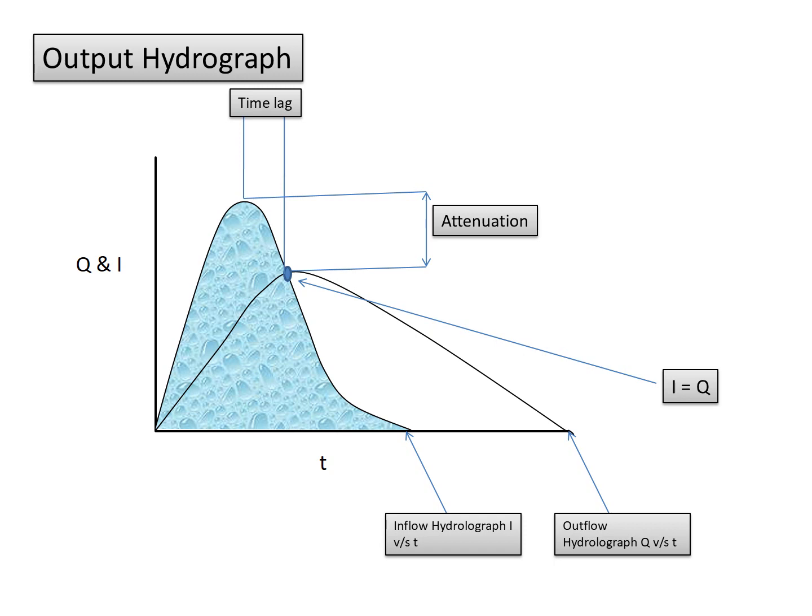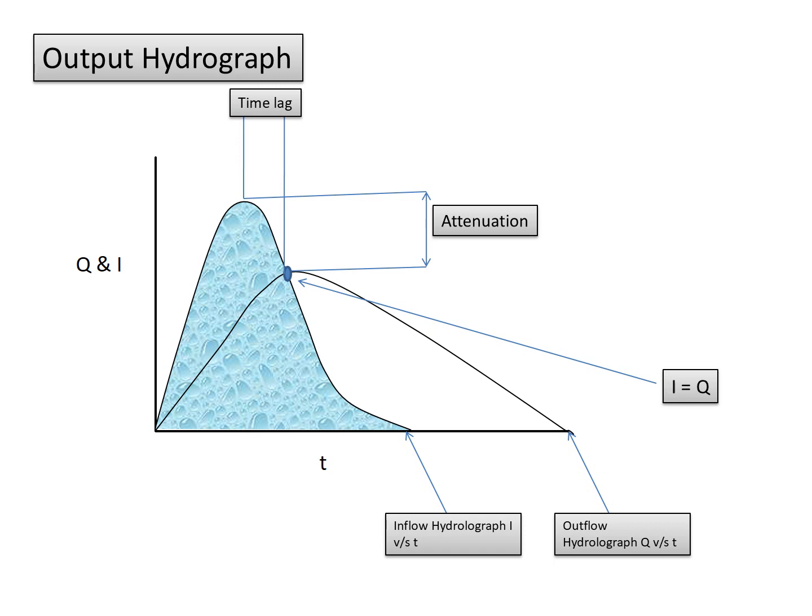We can also see that most of the discharge above the curve of the downstream hydrograph is going into storage, and most of the water above the downstream hydrograph, under the input hydrograph, is going out as an outlet, that is the withdrawal of water.